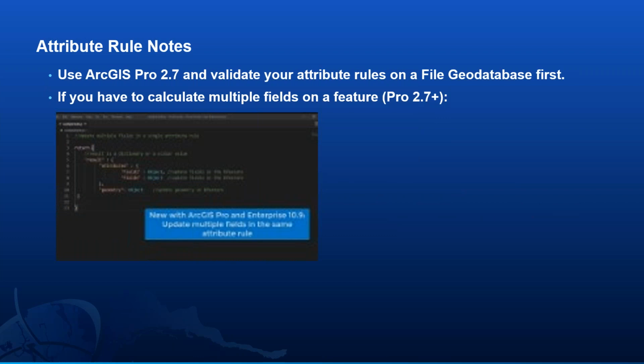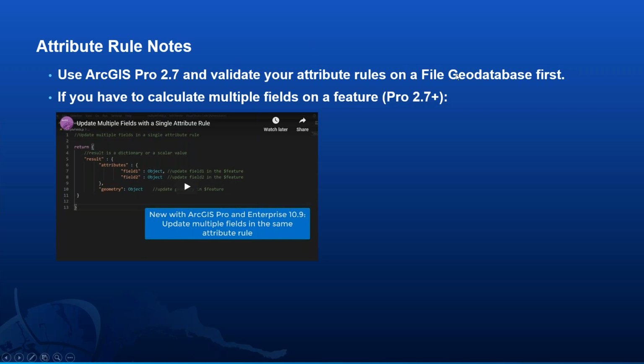Some other notes on 2.7. Of course, you can put validation rules on a file geodatabase. If some of you out there are using an enterprise 2.6 or earlier, of course, some of those exercises you couldn't do because file geodatabase is not supporting validation.